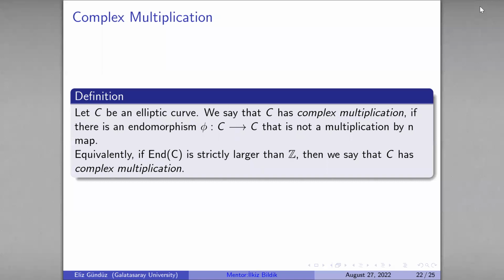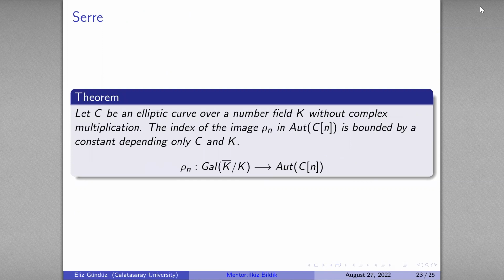Before talking about what I mean by almost onto, I want to give a definition. If the endomorphism ring of a curve is strictly larger than Z, then we say that the curve has complex multiplication. And I want to quote a beautiful and difficult theorem of Jean-Pierre Serre that explains in some sense what it means to say that rho n is almost onto.